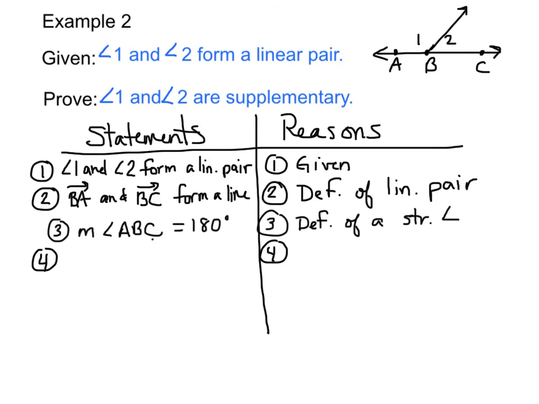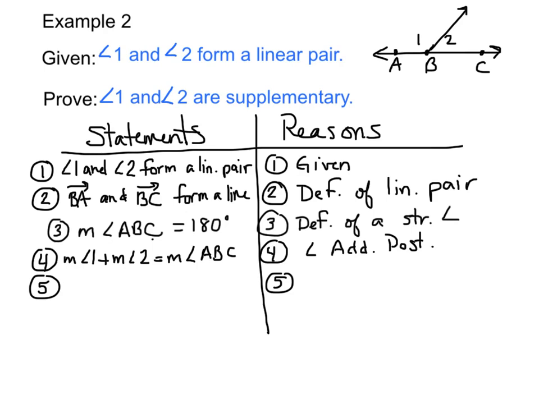So we have to first say that the measure of angle 1 plus the measure of angle 2 is equal to the measure of angle ABC. Remember, we just proved that ABC is 180 degrees. What do we use? The angle addition postulate.